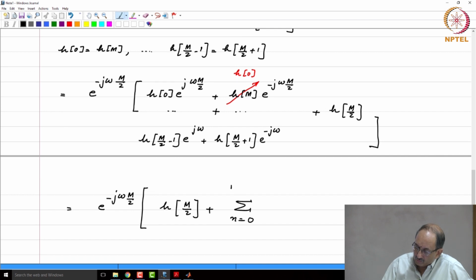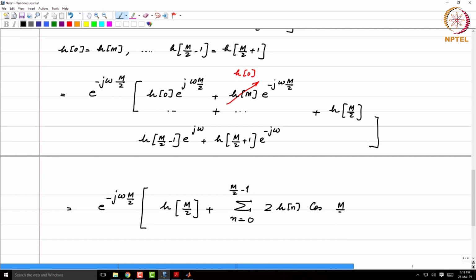Therefore, the upper limit is M by 2 minus 1. This, if you simplify, becomes 2 times h of 0 cos omega M by 2. And let me write down the final expression, and you will be able to verify each of these terms follows this pattern. So, this is 2 times h of n cos of M by 2 minus n times omega.